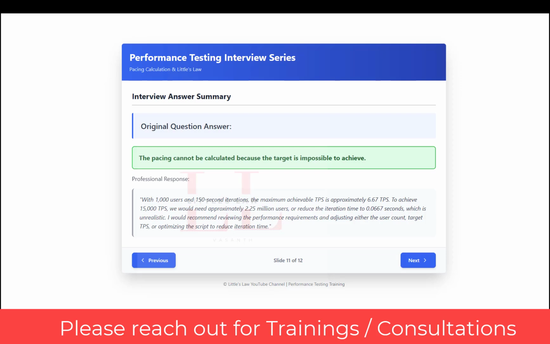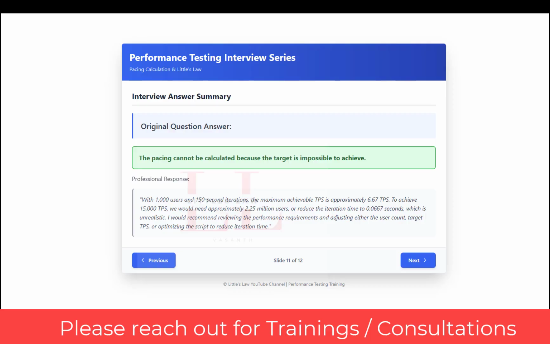But don't stop there, you should elaborate. With 1000 users and 150-second iterations, the maximum achievable TPS is approximately 6.67 TPS. To achieve 15,000 TPS, we would need approximately 2.25 million users, and we would need to reduce the iteration time to 0.0667 seconds, which is completely unrealistic.